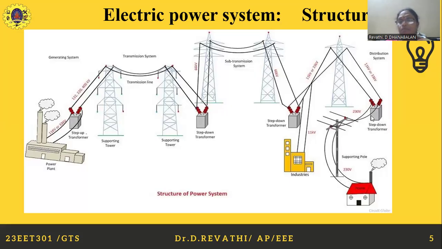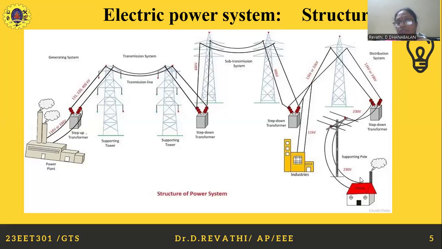So based on that, we step down the voltage from 11 kV or 33 kV to 230 volts. Here we heard the word kV, kV, kV, and here we heard 230 volts. So the 230 volts is stepped down and transmitted through the poles to the consumers.